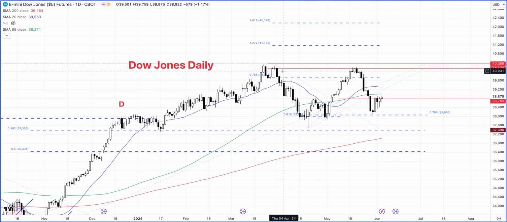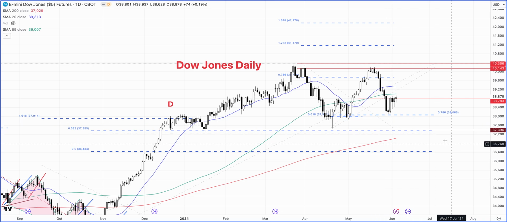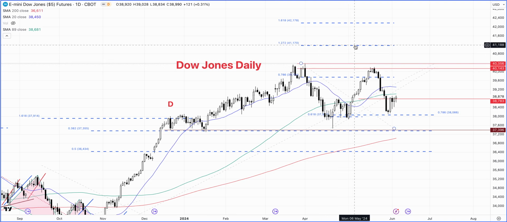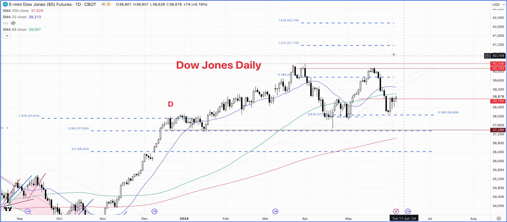It's a really massive trading range, 40,400, and the bottom came in at 37,481. So as long as this 78.6% retracement is intact around the 38,000 level, the chances are we will actually break this trading range to the upside with targets 41,170 to 42,178.